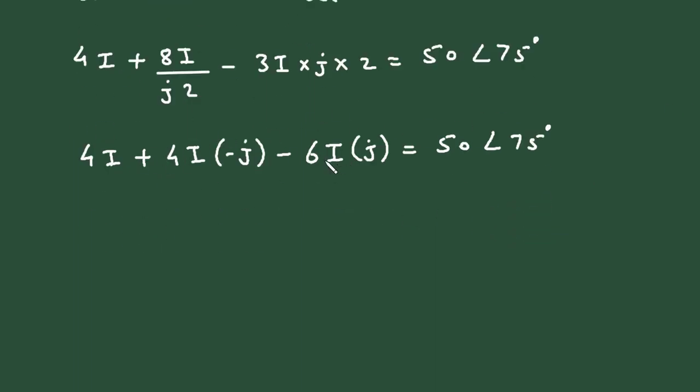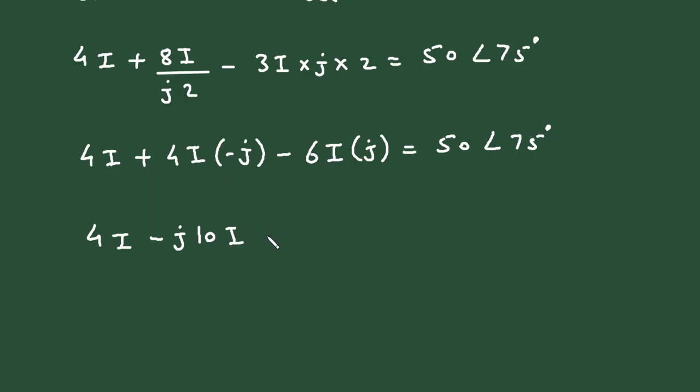We can further simplify this. So here we can see this 4I is the real part and these two are the imaginary part. So if we solve this, this will be 4I minus 6I, or here also it is negative, so this will be minus minus, so it will be minus 10I. First we have to write this j, so let's write j first, and now this will be 10I.